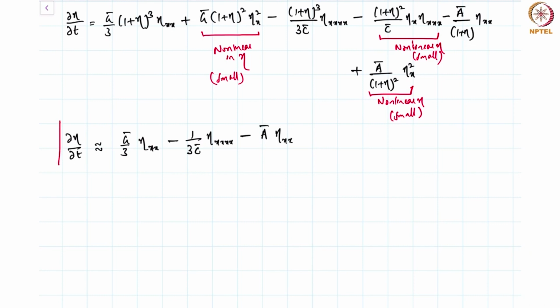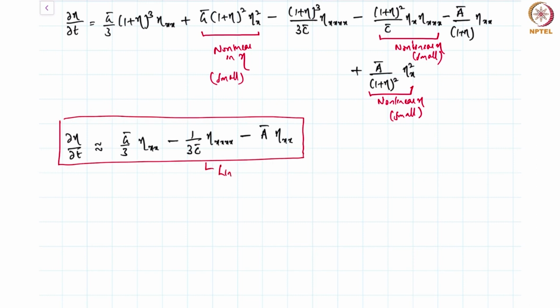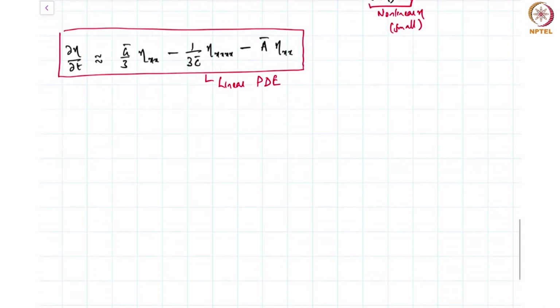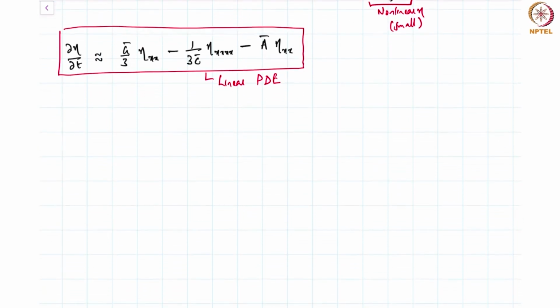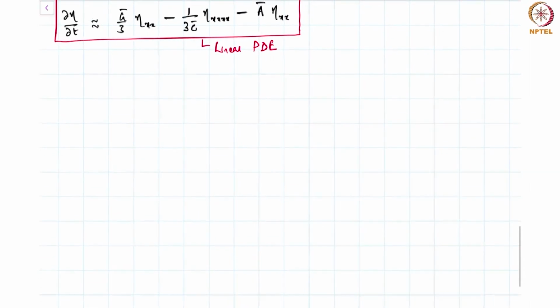So this equation is a linear partial differential equation. So what we have done is we've gone from a non-linear partial differential equation to a linear partial differential equation. A linear partial differential equation of this kind with constant coefficients, I can always straight away assume a variable separable form.